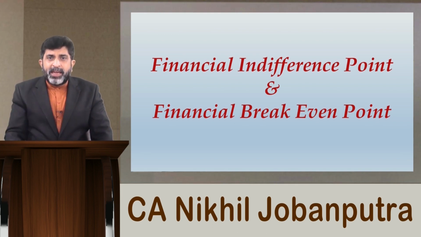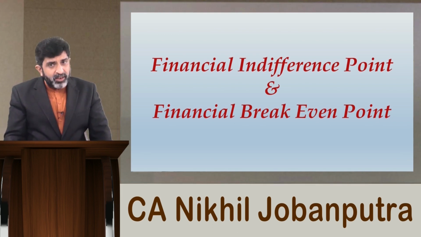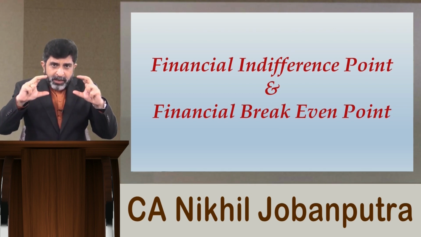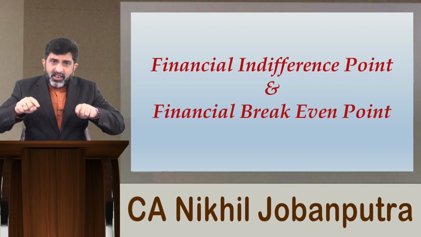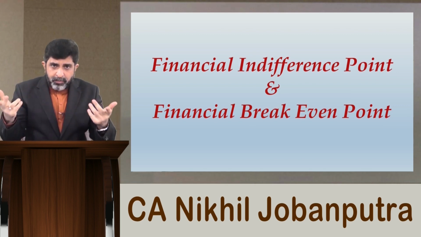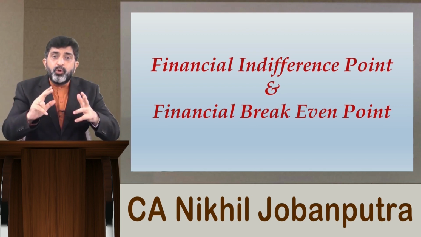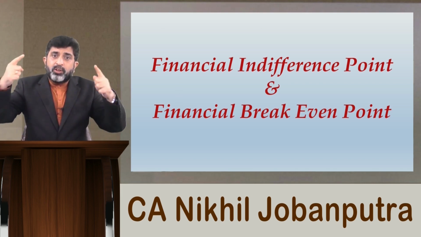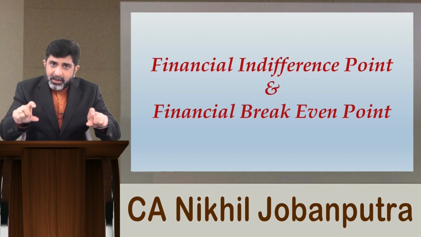So when you are comparing two different financing options and you find that at a certain level of EBIT, the EPS under both the plans is same, that means if you go with plan 1 or plan 2, it does not make any difference because both of them are resulting into same EPS.